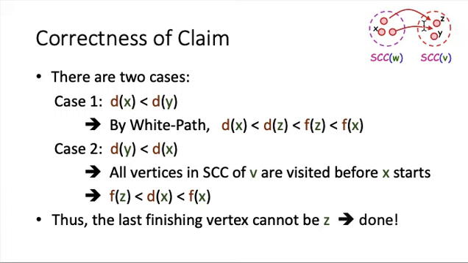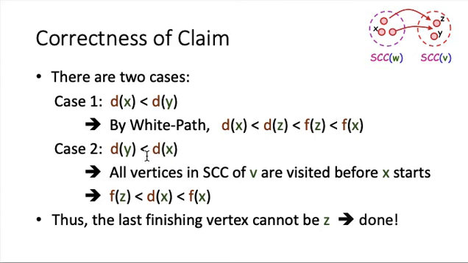Because of the mutual reachability of vertices here, and there is an edge that goes here, X can reach Y using white paths. And X can not just reach Y, X can also reach Z. So by the white path theorem, Z is a descendant of X, and in that case we have f of Z less than f of X.